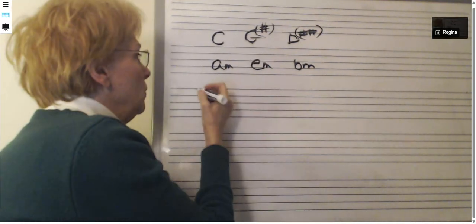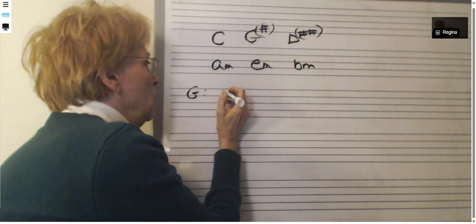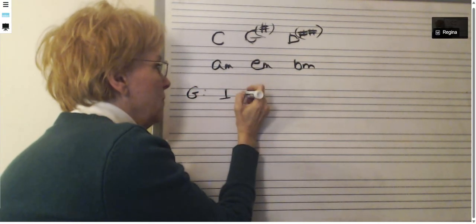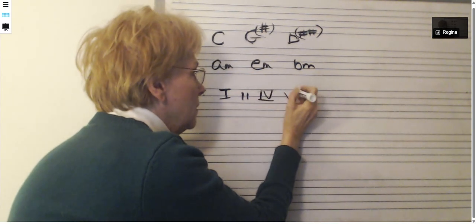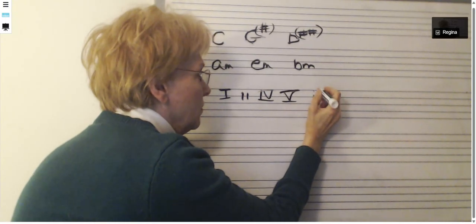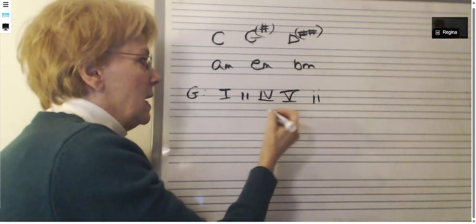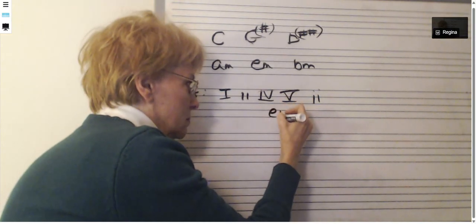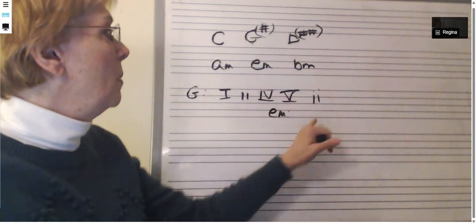Let's say you're in the key of G, and you have this progression going on, 4, 5, let's say 2, whatever, and then you're going into, let's say, E minor, and you would look for what is a common chord.